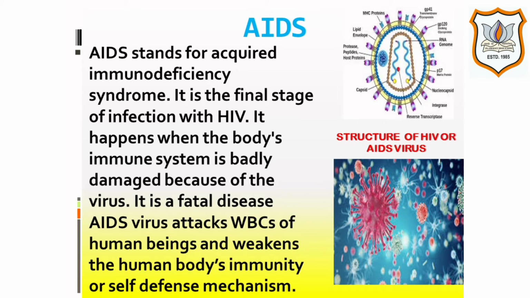In fact, patients suffering from AIDS die from other infections called secondary infections. Death occurs because the patient's body cannot resist the attack of pathogens of secondary infection, since the patient's natural defense mechanism gets destroyed by the AIDS virus.